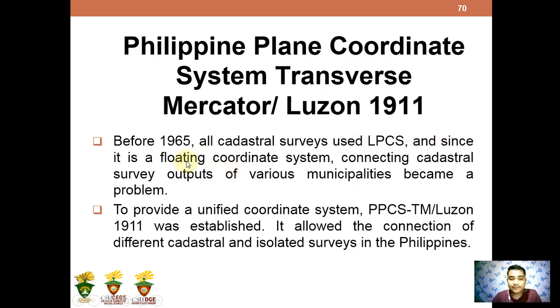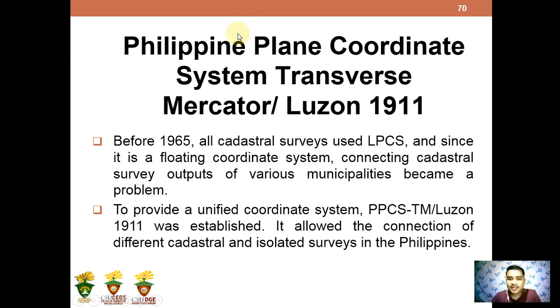Before 1965, all the cadastral surveys used the local plane coordinate system. Since it is a floating coordinate system, connecting cadastral survey outputs of various municipalities became a problem, because their coordinates were not unified. Different engineers did the surveys, and the fixed point they surveyed from was far away.